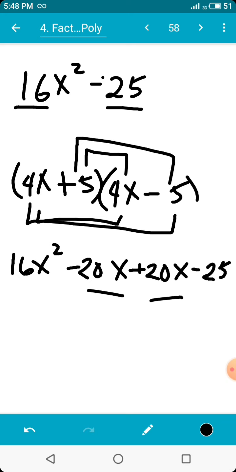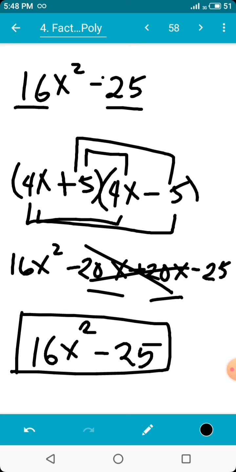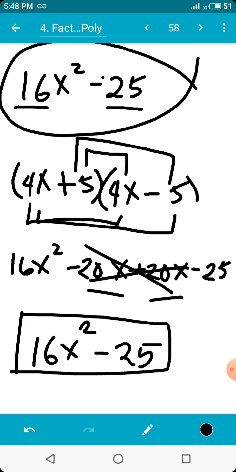So, we have negative 20x and then positive 20x. So, pag pinagsama mo yan, that will be 0. So, cancel out na siya. So, ang natira na lang ay 16x squared and then negative 25. Okay? So, ito yung product natin and same siya dun sa ating polynomial. So, ibig sabihin, tama ang ating factors na 4x plus 5 and 4x minus 5.